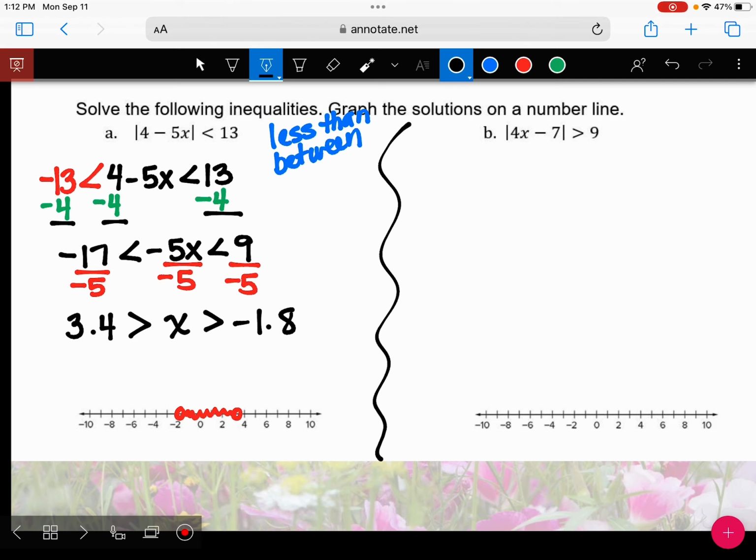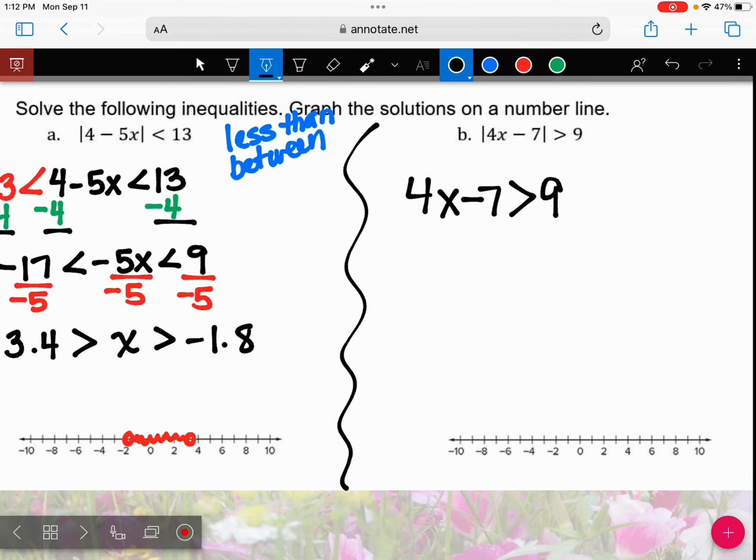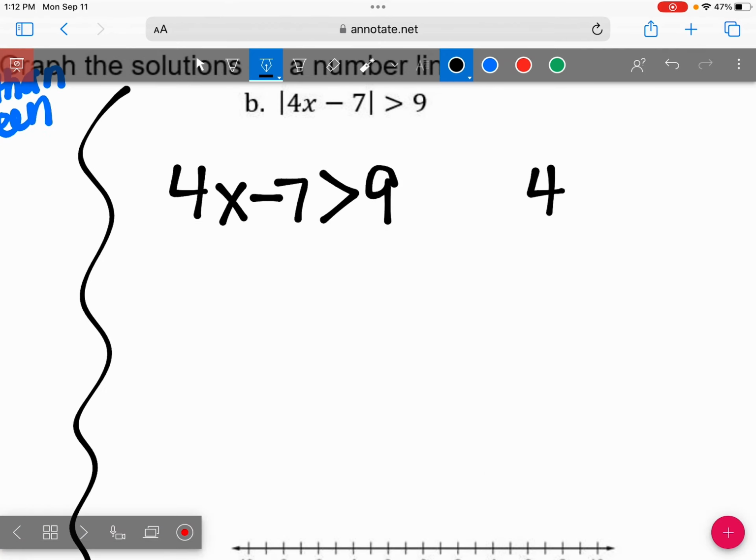Okay, last question. Greater than. So for the greater than, we're going to separate it. My first inequality is 4x minus 7 is greater than 9. But my second one, I have to drop, flip it, make it negative.